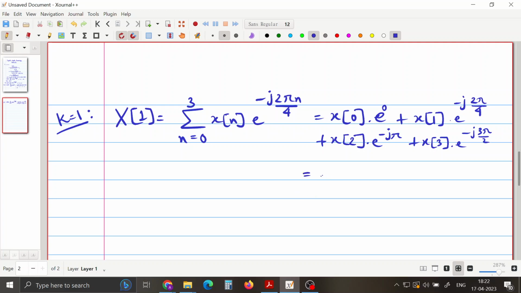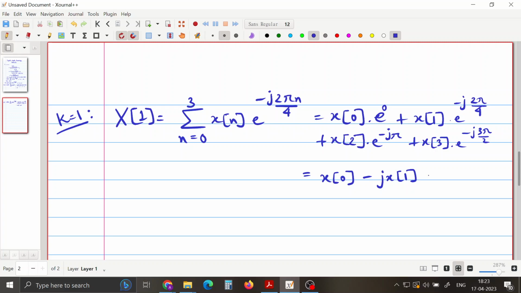So what do we have? This is x of 0, and e power minus j 2 pi by 4 is basically e power minus j pi by 2. So it is cos pi by 2 minus j sin pi by 2, so it is minus j. Okay, so this is minus j times x of 1, and what is e power minus j pi?